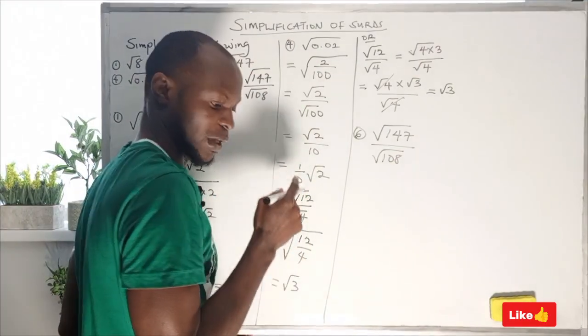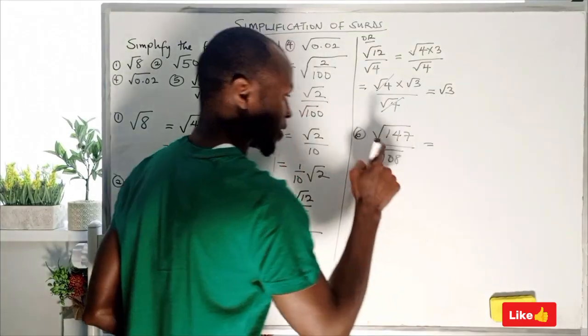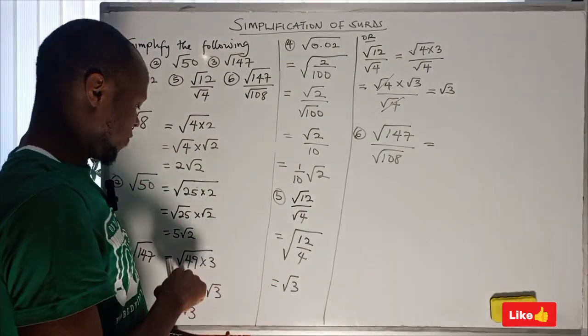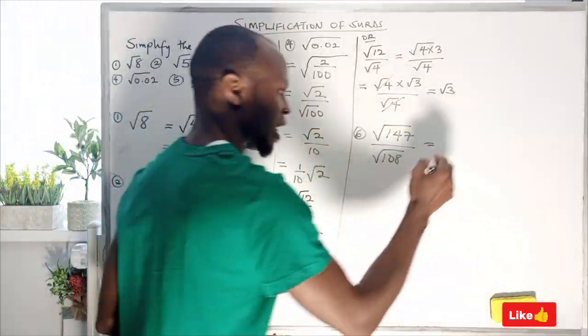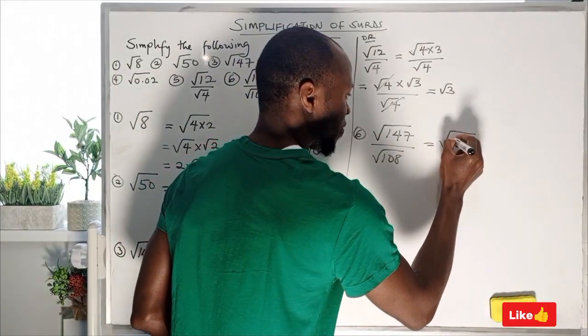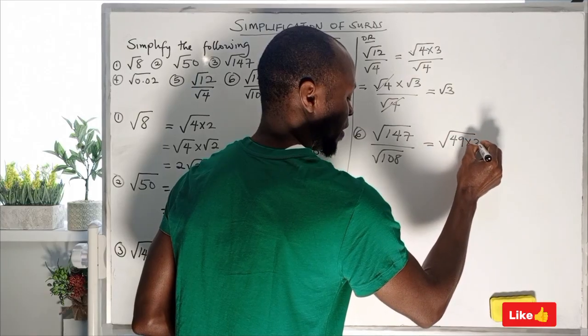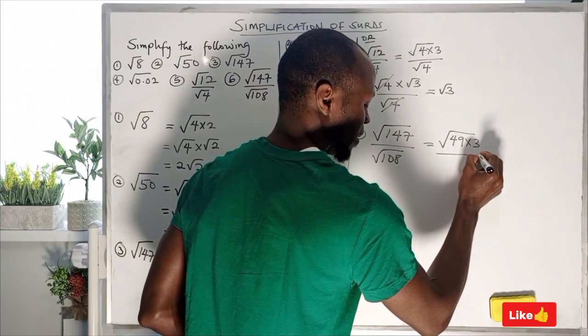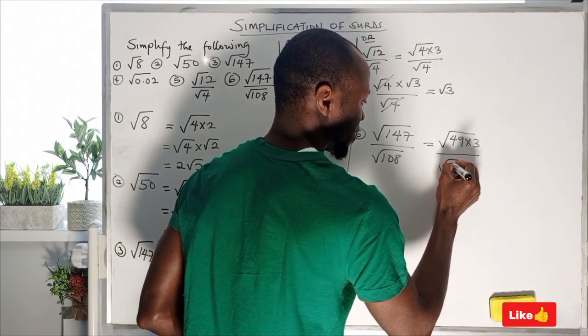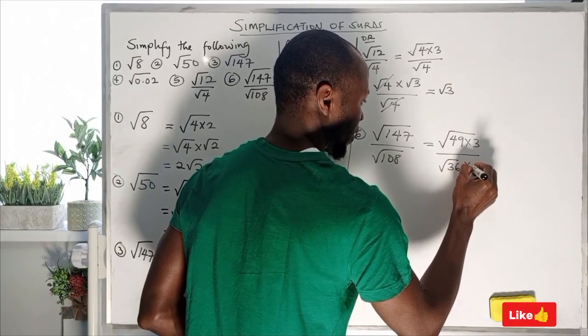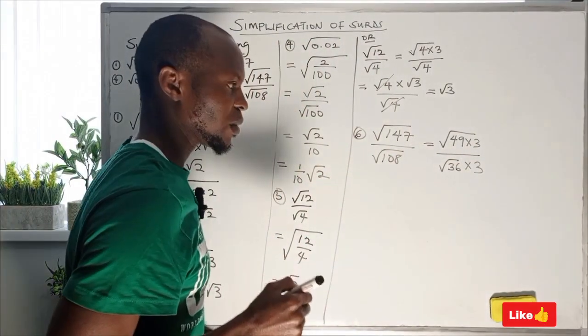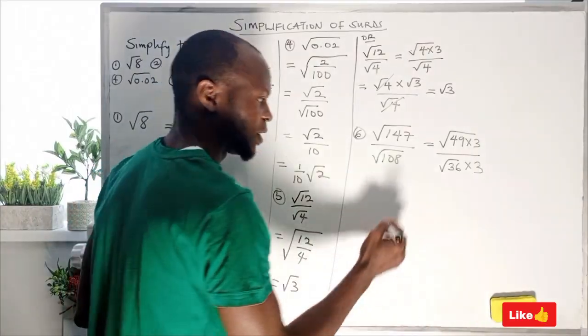Now, if you check this, this is the same thing as we have simplified 147 before. So now we have a common factor of 49 times 3, and 108 is the same thing as 36 times 3. Now, let's simplify deeper.